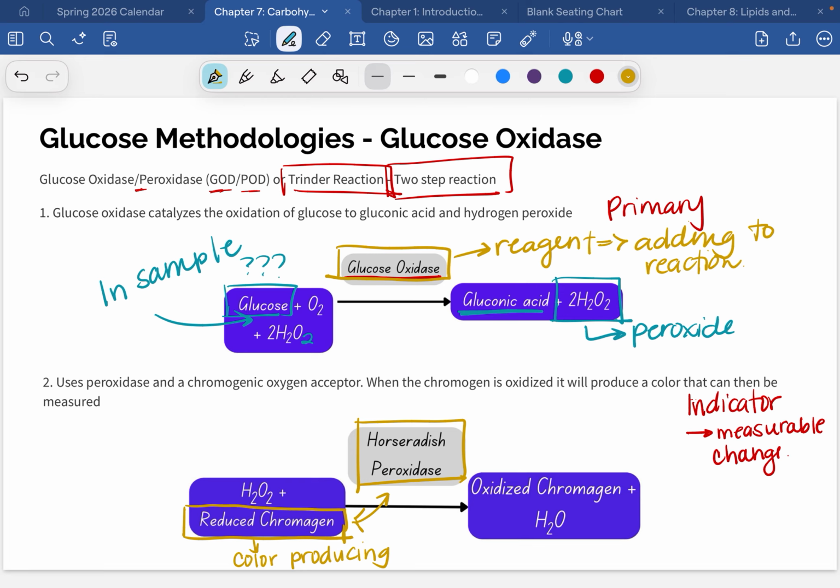Now, when the hydrogen peroxide produced in the first reaction is introduced to this chromogen and the horseradish peroxidase, the chromogen will oxidize. And when it oxidizes, it changes color. And color changes are measurable.